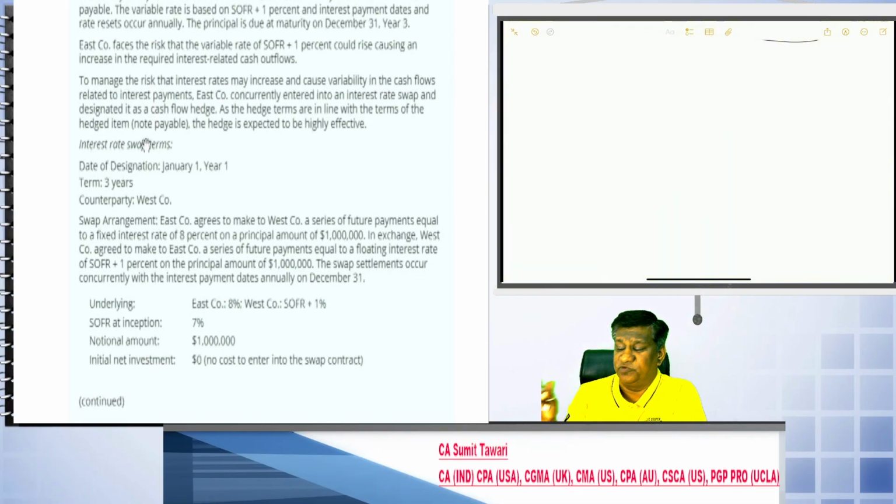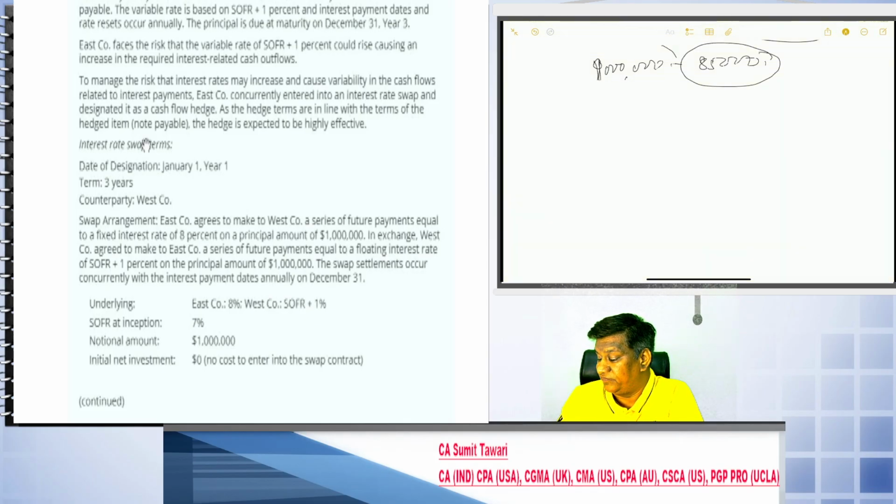If you see, the 1 million has become 850,000. That doesn't mean that I need to pay my investor 850,000. I need to pay 1 million only. This 15,000 we need to amortize over the period.